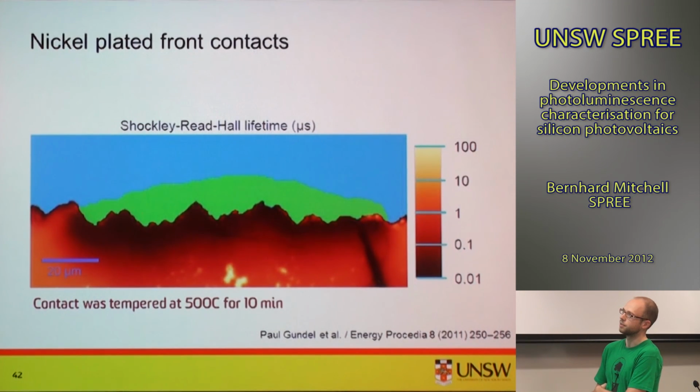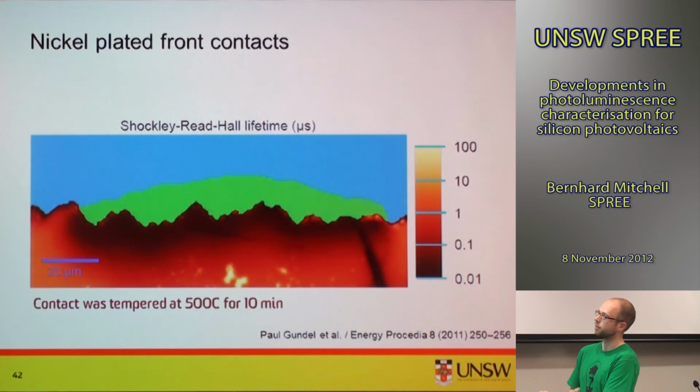Another example is that they were able to investigate the doping concentration of nickel-plated front contacts. This is a nickel contact, and they sliced the sample and polished the sides, then looked at the side profile to see the doping concentration.